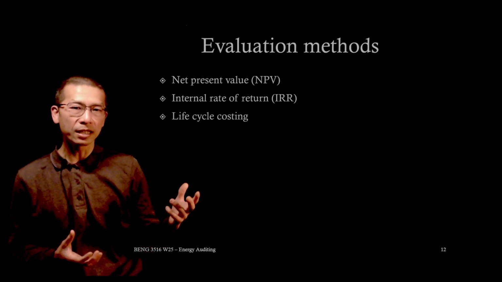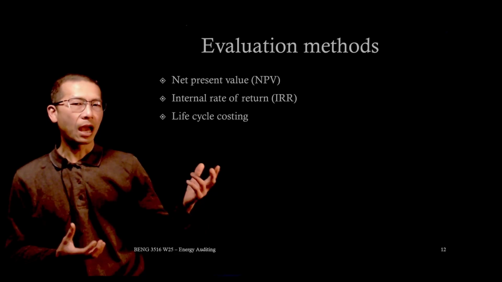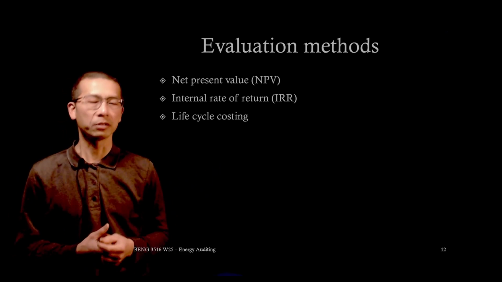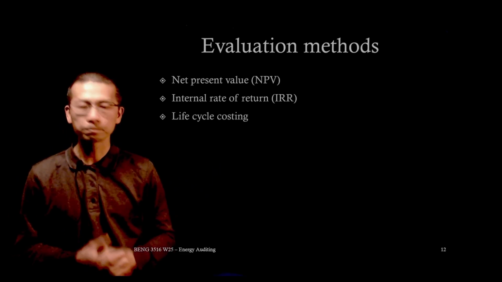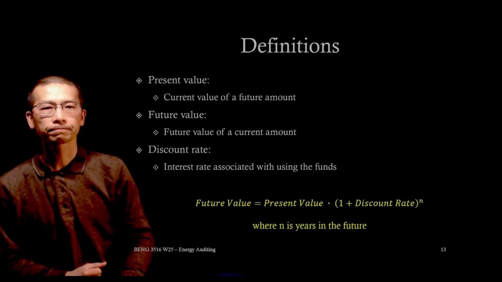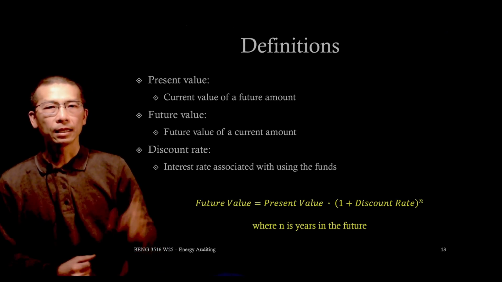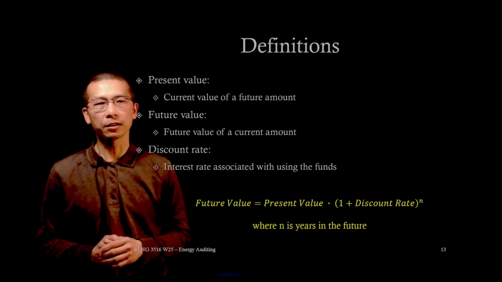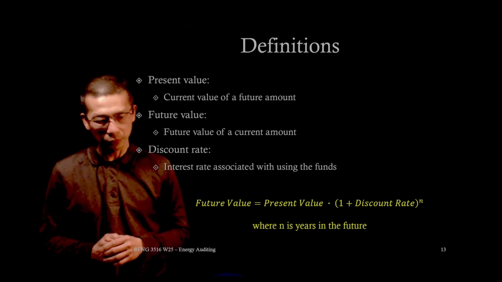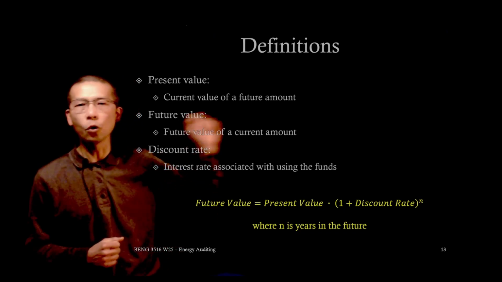Now let's look at each method and see how it applies to our example. Net present value, that's the gold standard.